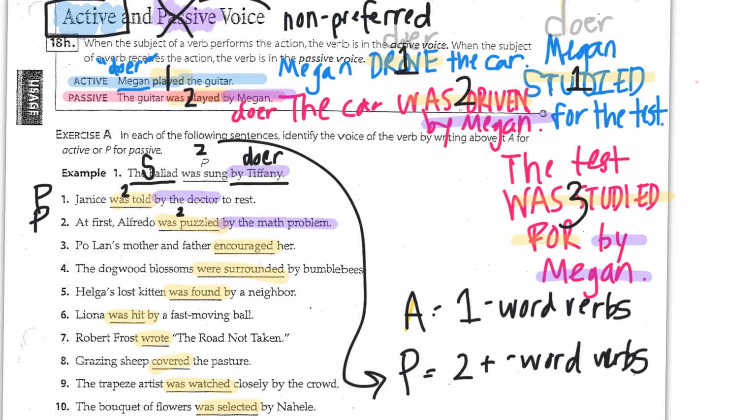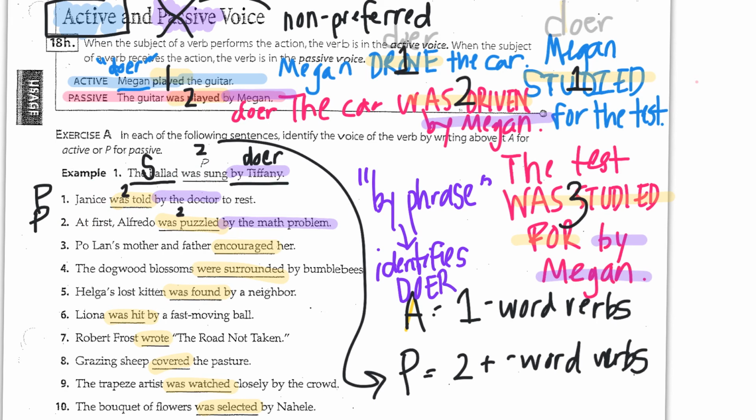But anything that I just highlighted in purple on your screen, I'm going to call a by phrase. That is a phrase that begins with the preposition by. And what that by phrase tells you in a passive voice sentence is it identifies the doer in a passive voice sentence.